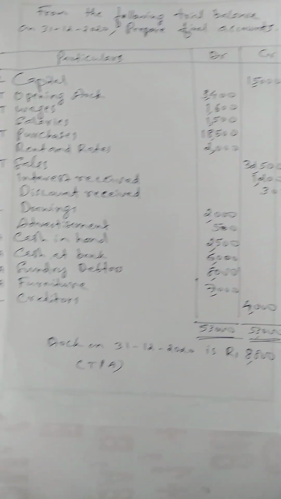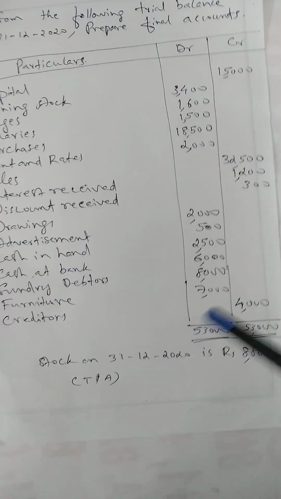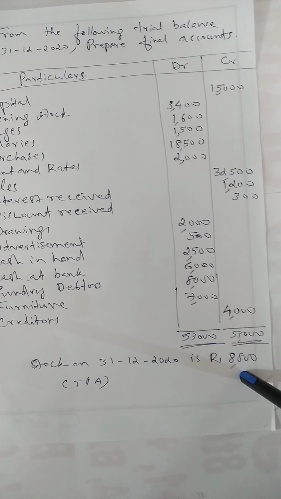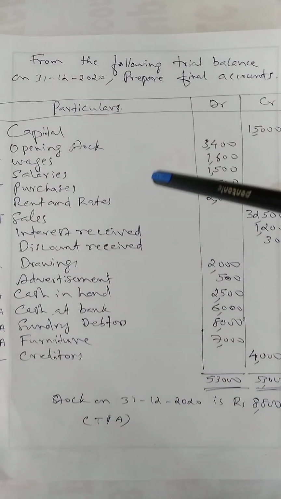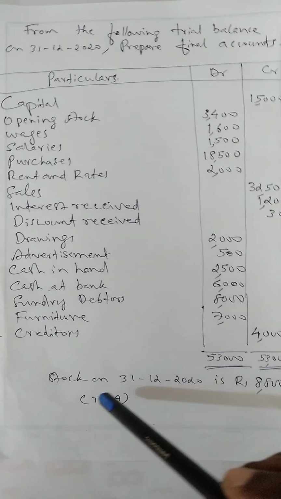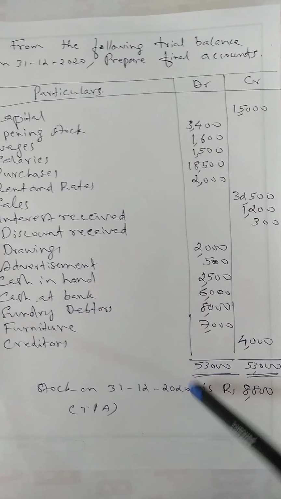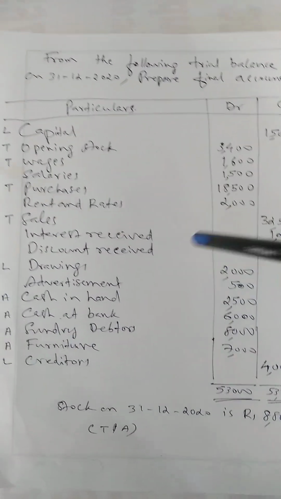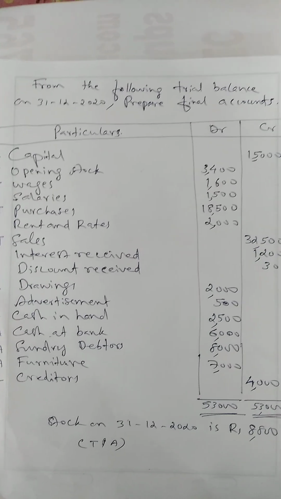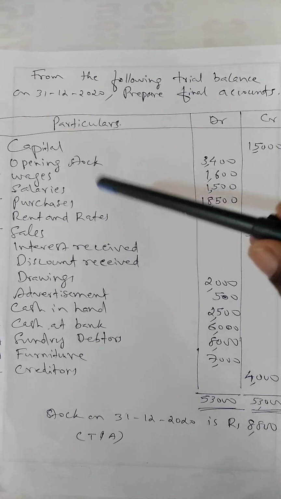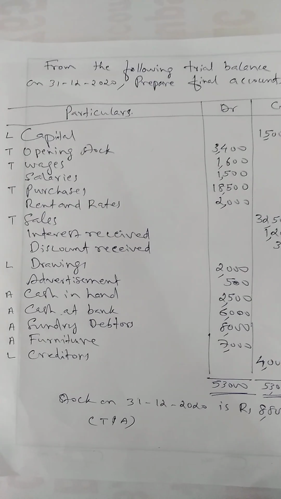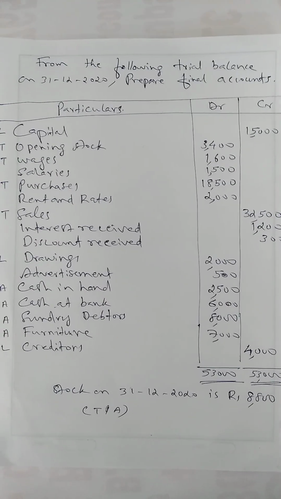Okay. And you should note one thing there. Instead of giving this closing stock in adjustment, if it is given in the trial balance, suppose it is not given in the adjustment, but it is given in the trial balance, then it must appear only one place, isn't it? As it is in trial balance, it must appear only one place. Then which is that place? It is asset side.